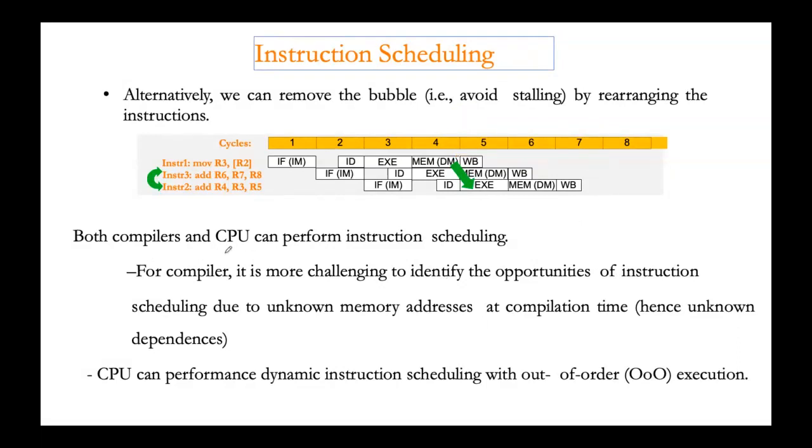Both the compiler and your CPU can perform instruction scheduling, but for compilers, it is more challenging to identify the opportunities for instruction scheduling due to unknown memory addresses at compilation time. So the CPU can perform dynamic instruction scheduling with out of order execution. We have seen that, out of order execution.